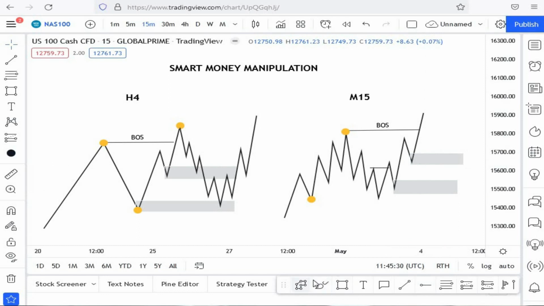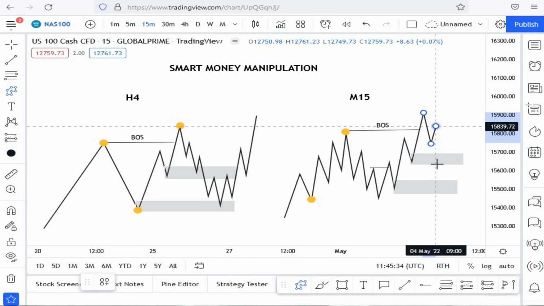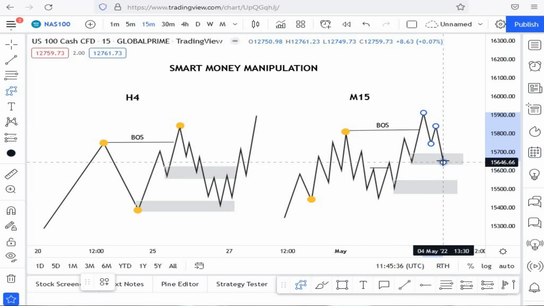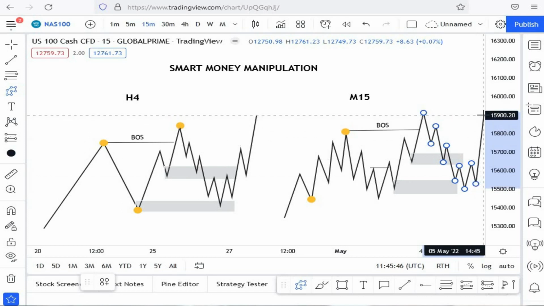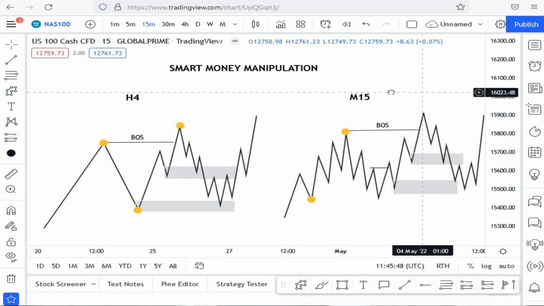And what you have to understand is that this zone, they can hold, or they can also be taken out, and then the price will come back to this one, which is our extreme and also external structure, right?